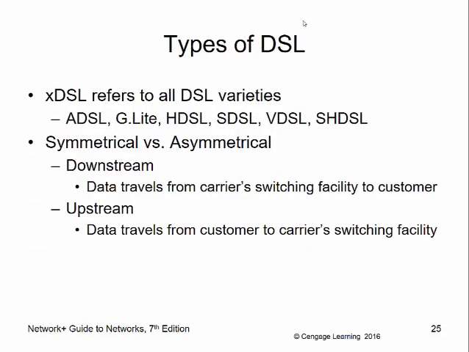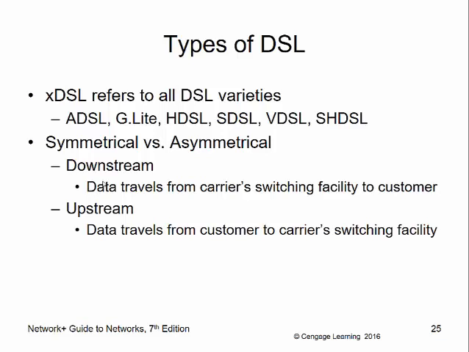I have different kinds of DSL. The two main differences are what's known as symmetrical or asymmetrical. Symmetrical DSL means my up speed and my down speed are exactly the same. So if I subscribe to 3 megabits symmetrical, I get 3 megabits upstream, 3 megabits downstream.